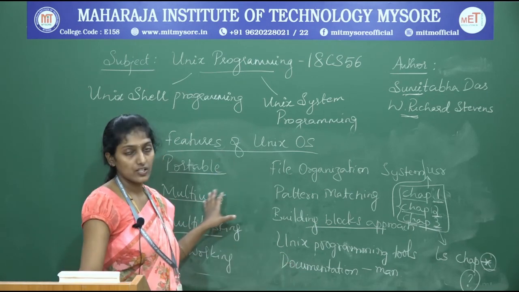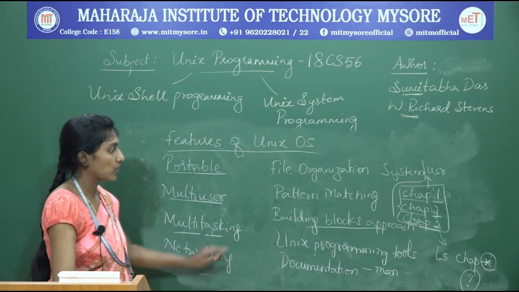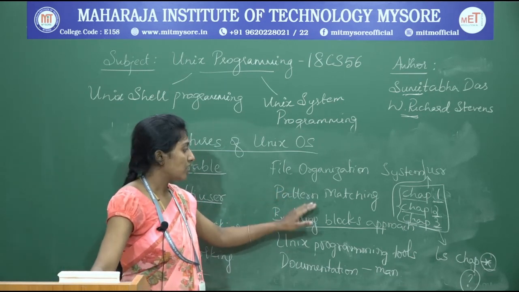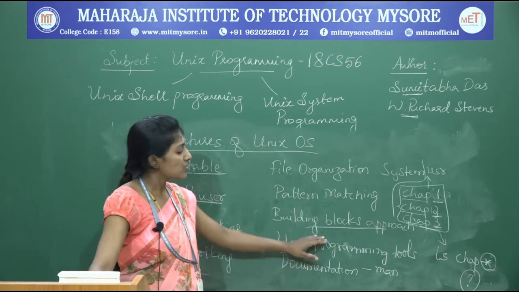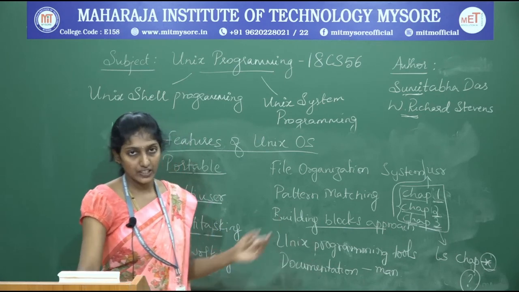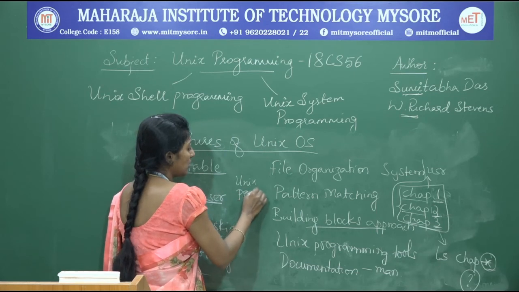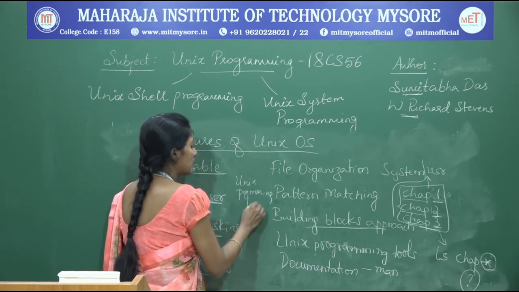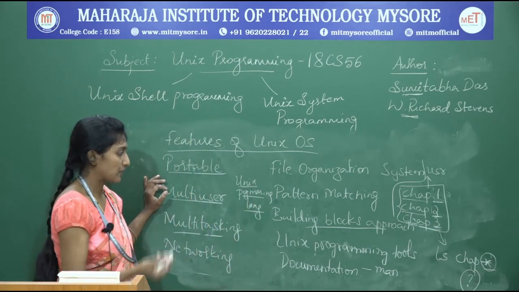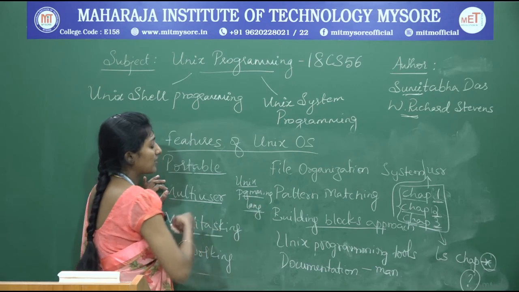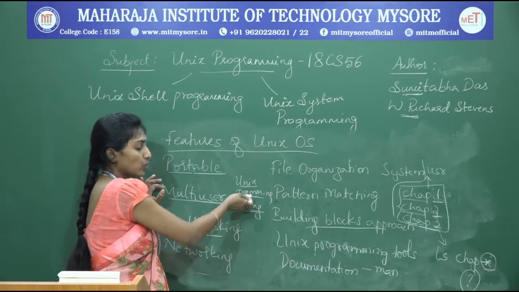So these are the features of the Unix operating system: portable, multi-user, multitasking, networking, file organization system, pattern matching, building blocks approach, Unix programming tools, and documentation. Along with this, we have one more feature, that is the Unix programming language. Language here refers to what we discussed with the C language and C++ language. You can write a shell script, which is referred to as a programming language.